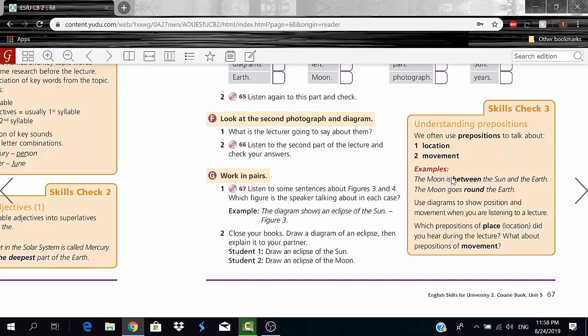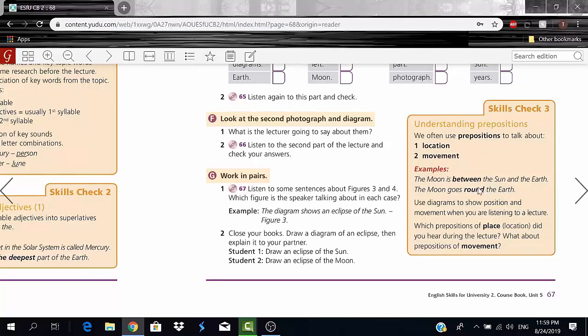So, for example, the moon is between the sun and the earth. I'm here talking about the location of the moon. So, where is the moon? The moon is between the sun and the earth. And obviously between here is the preposition. Okay? But if I say, the moon goes round the earth, here I'm not talking about the location of the moon.